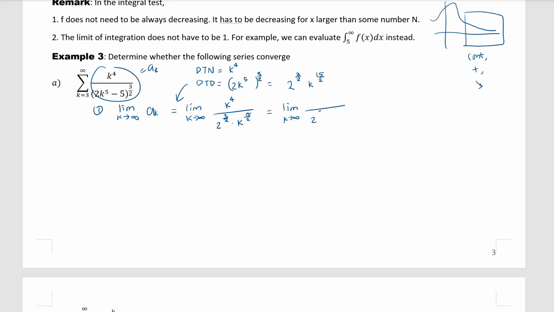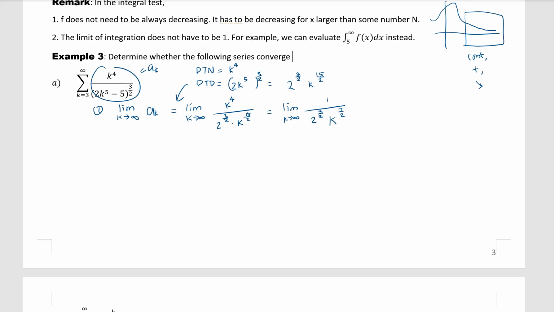We have 2 to the 3/2 at the bottom, k to the 4th and k to the 15 over 2. Which one is bigger? Well, 4 is 8 over 2, so the bottom is bigger. 15 over 2 minus 8 over 2 is 7 over 2.